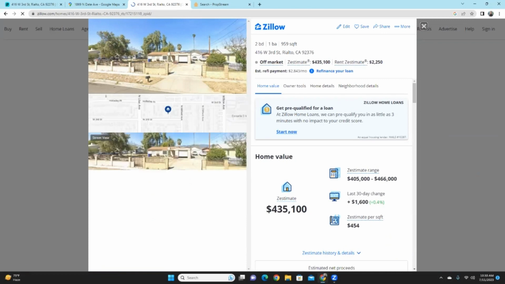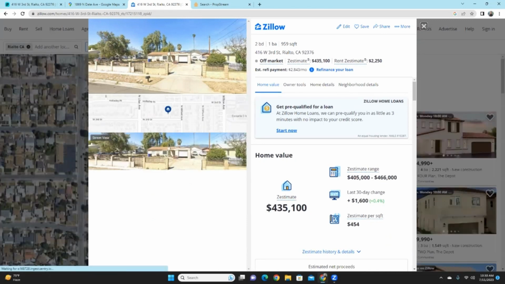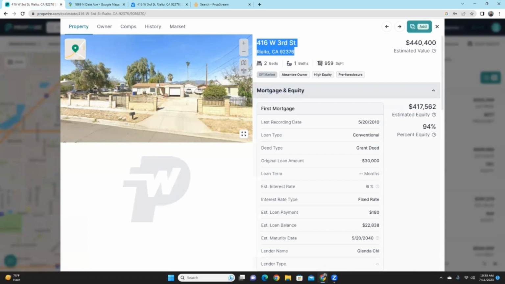Just off market 400. I mean, that might be a little much, but Zillow is estimating 435. This one is estimating 440. So it's about the same.